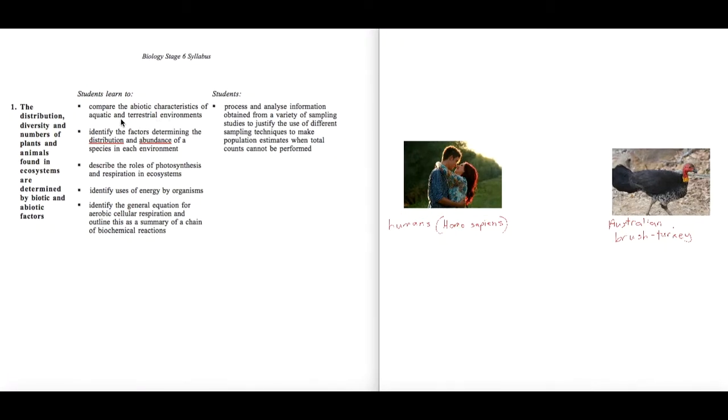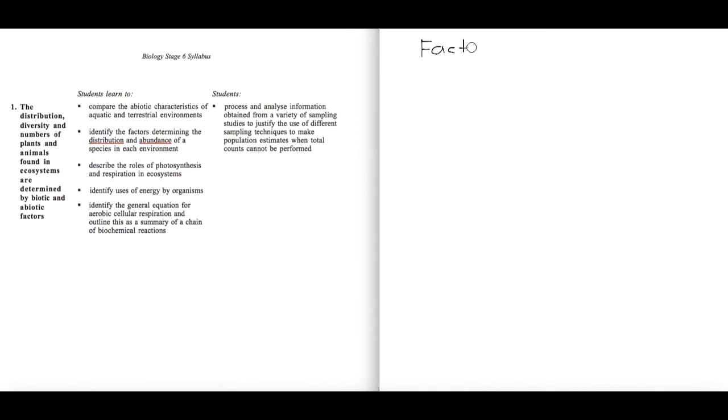Okay, so moving back to the dot point, it is asking us to look at factors which can affect where organisms live, so their distribution, and factors which can affect how many organisms are in the environment, so their abundance.